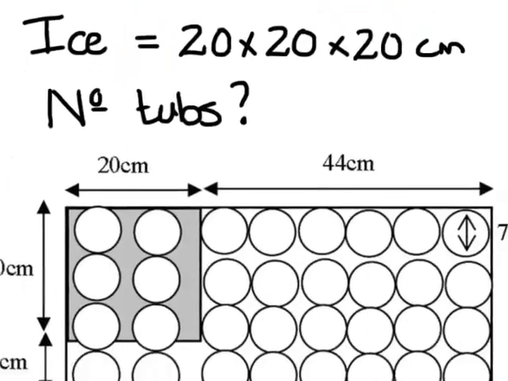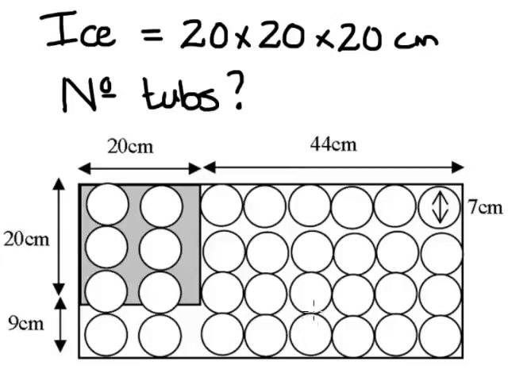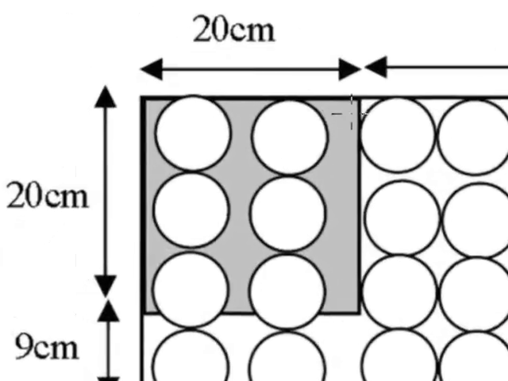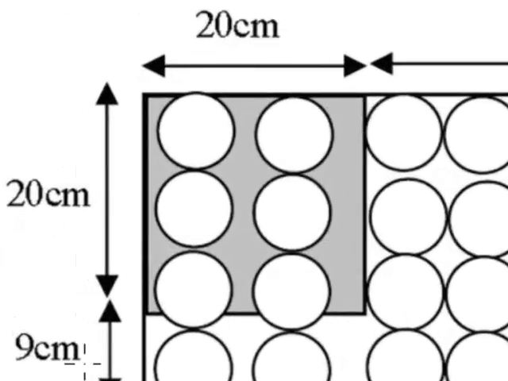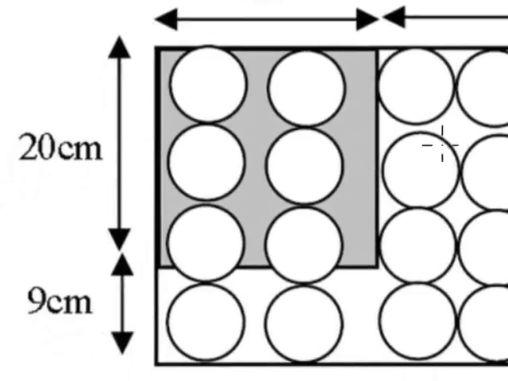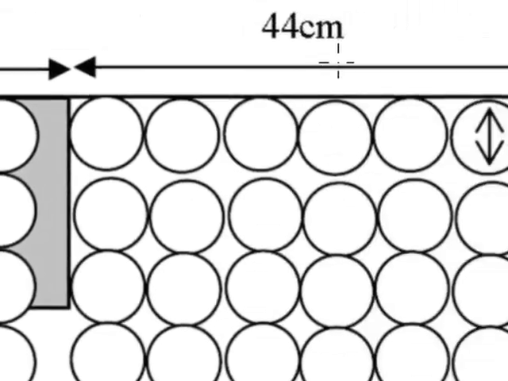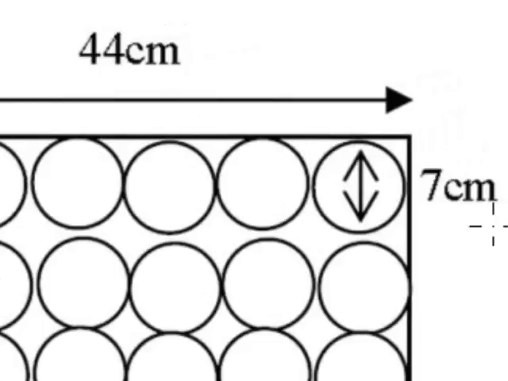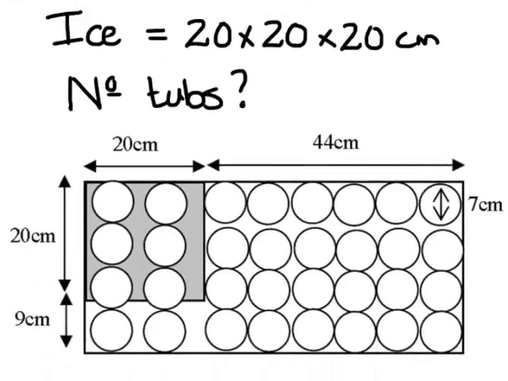Here's a diagram of what the top of the cooler box will look like. The gray area over here is your ice. It shows you the rest of the space that is left here and over this side as well. And here it's saying 7 centimeters is the diameter of your tub. Remember that the height of the box is 30 centimeters.